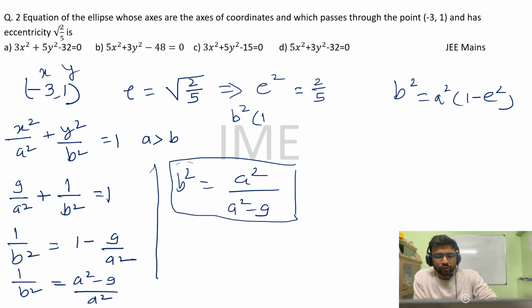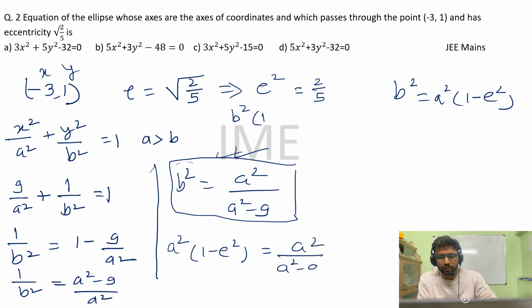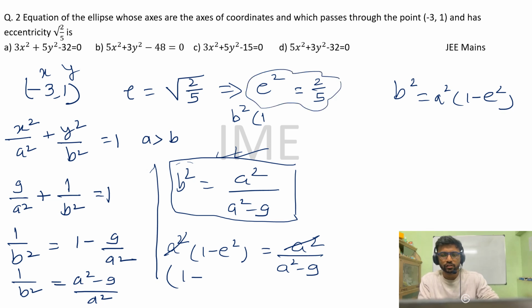So see, in this equation what we can do, we can use the value of b square is equal to a square into 1 minus e square is equal to a square upon a square minus 9. Okay. So what will happen? A square will get cancelled. So what remains here? 1 minus e square, see, e square is 2 by 5.